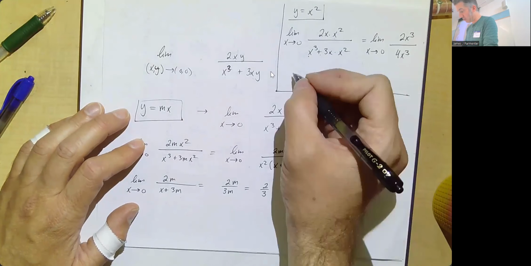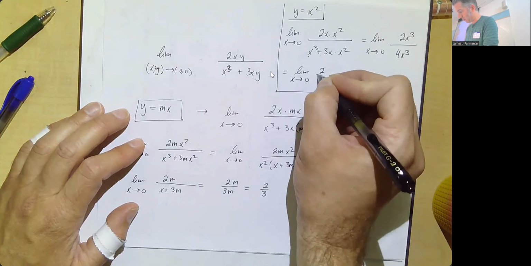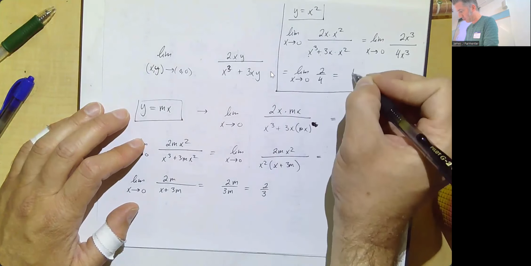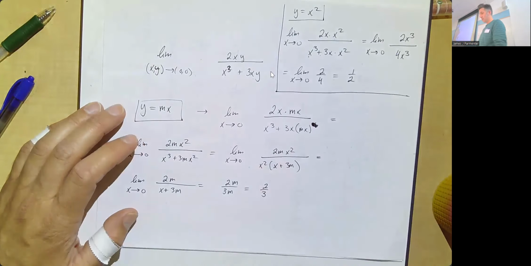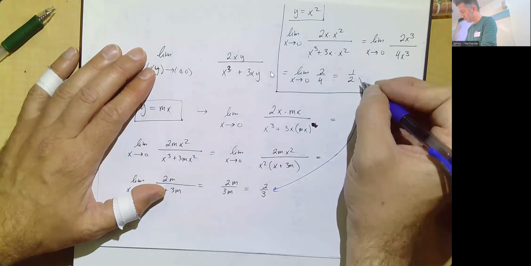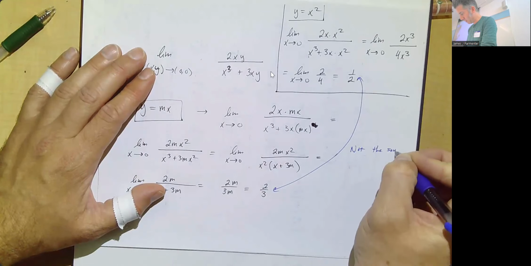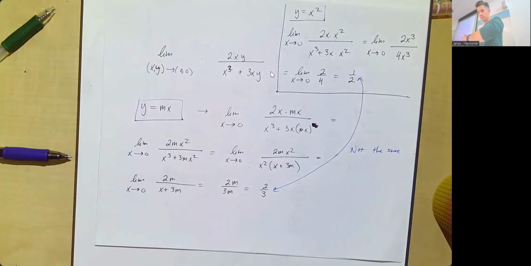The x cubes cancel. You've got the limit as x goes to 0 of 2/4, which reduces to 1/2. Those limits are not the same, which means the overall limit does not exist.